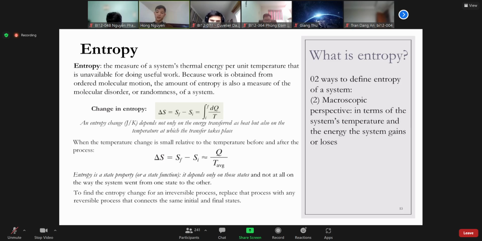So this is an irreversible process. To calculate the entropy of this process, we cannot use this formula because there's no connection between the initial state and the final state. So we cannot use the integral. That's why we need to find an indirect way to calculate it.